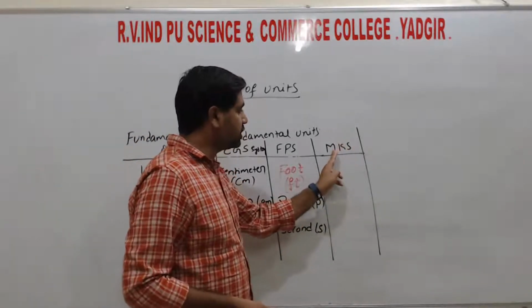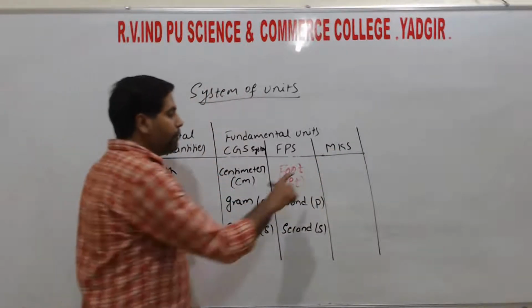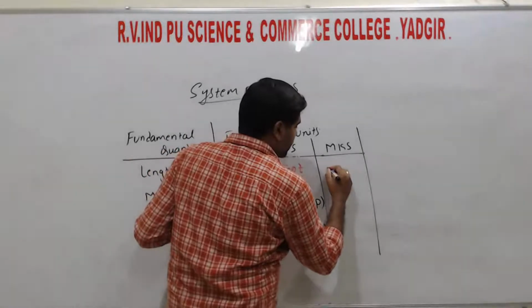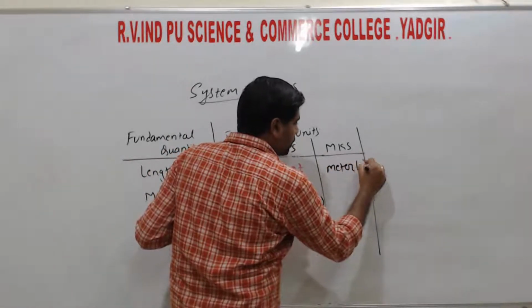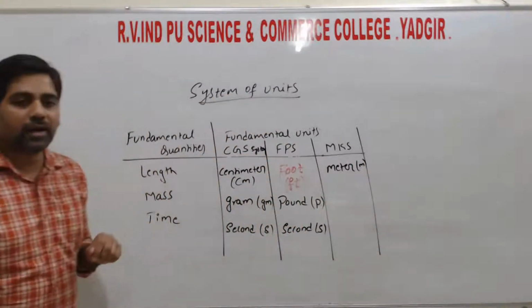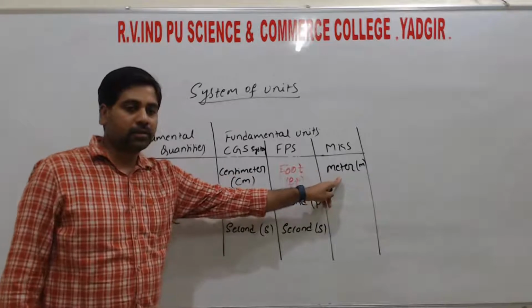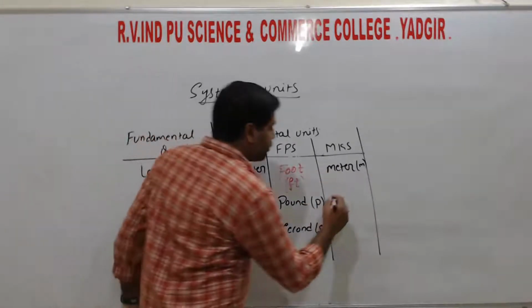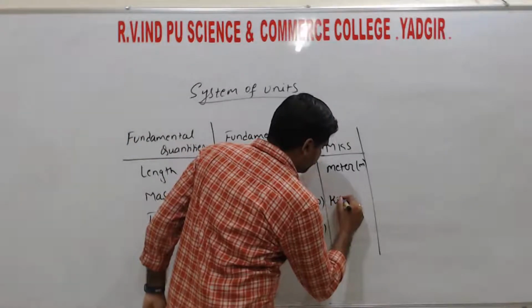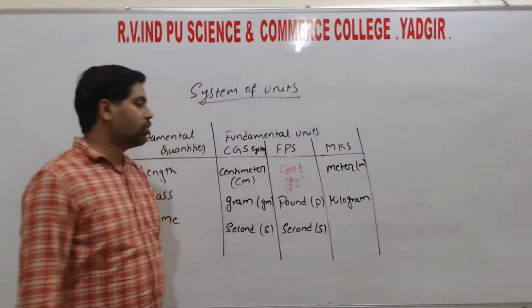So here M represents the length. For the length we are going to measure, M is meter. So the symbol is M. So the length is measured using the unit meter. Similarly, the mass is measured by the unit kilogram.